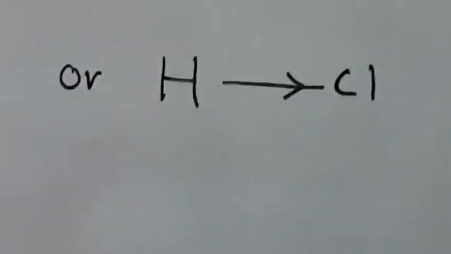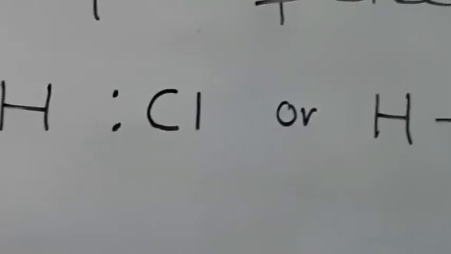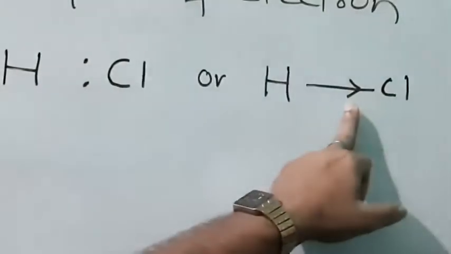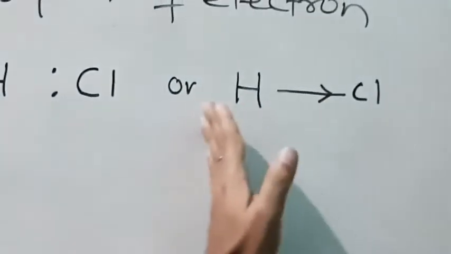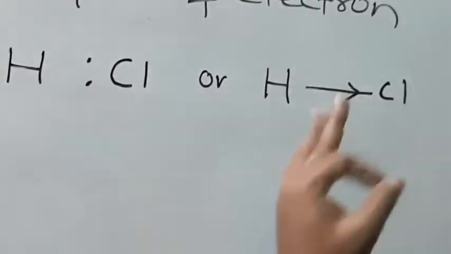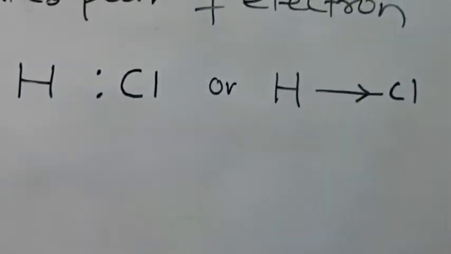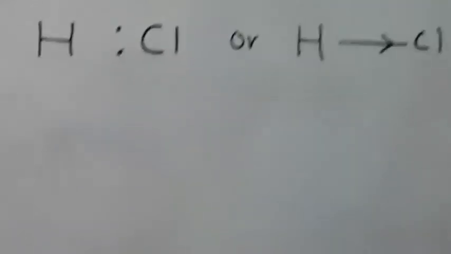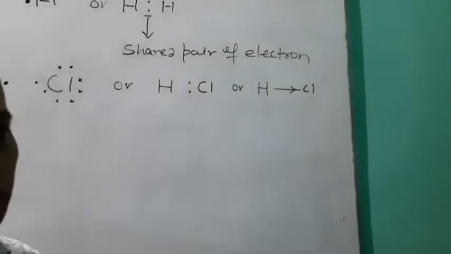Now, if you observe, the arrow head is not coinciding at the center, rather it is towards the chlorine, a little away from the hydrogen but towards the chlorine. This arrow head represents the localization or position or locality of the shared pair electron.